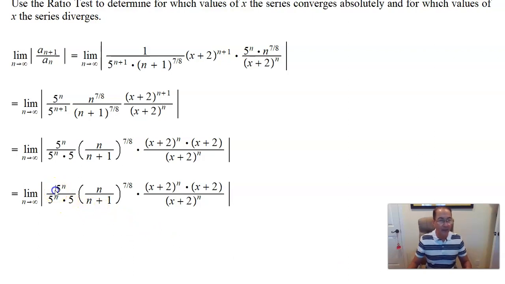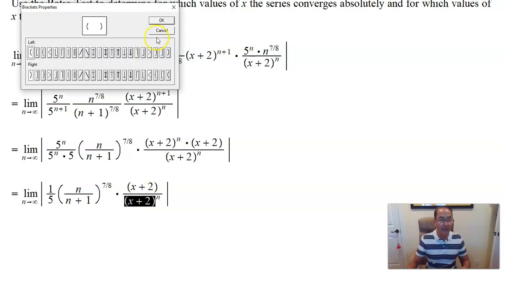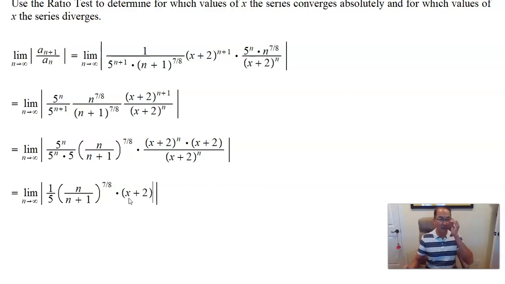So the 5 to the n's will cancel. Goodbye and goodbye. The x plus 2 to the n's cancel, so goodbye and goodbye. And that kind of looks stupid. So let's just put x plus 2 by itself without a fraction. That looks smarter.